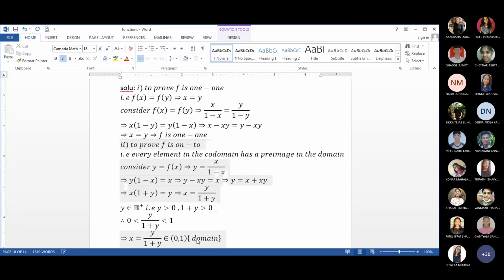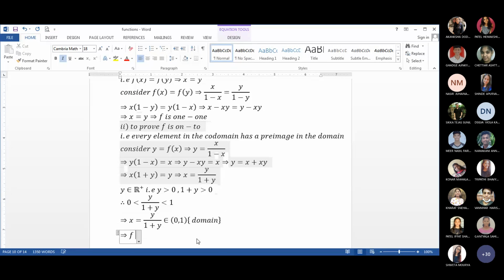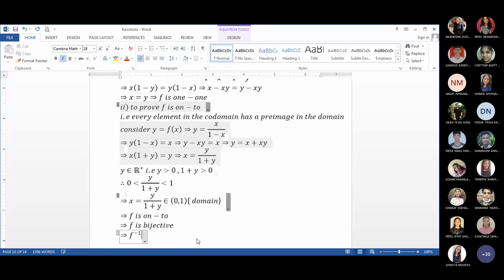And this implies function f is onto. फंक्शन ऑन टू मिला. पहले हम लोग ने प्रूव किया कि वो 1 to 1 है. So this gives us function is bijective. तो 1 to 1 हो गया, ऑन टू हो गया, बाइजेक्टिव हो गया. और वो बाइजेक्टिव है तो उसका इनवर्स एग्जिस्ट होगा. So this implies f inverse exists.